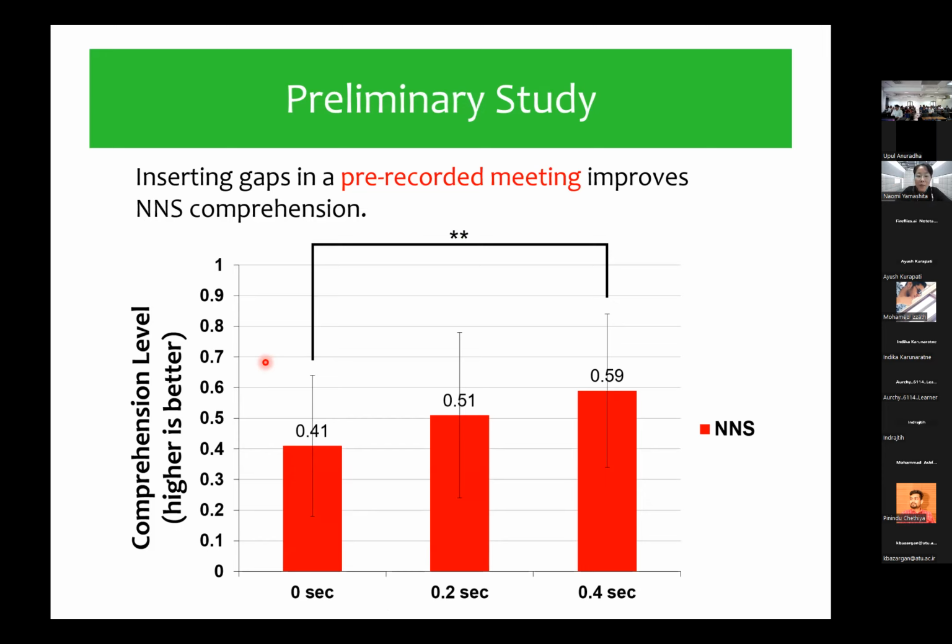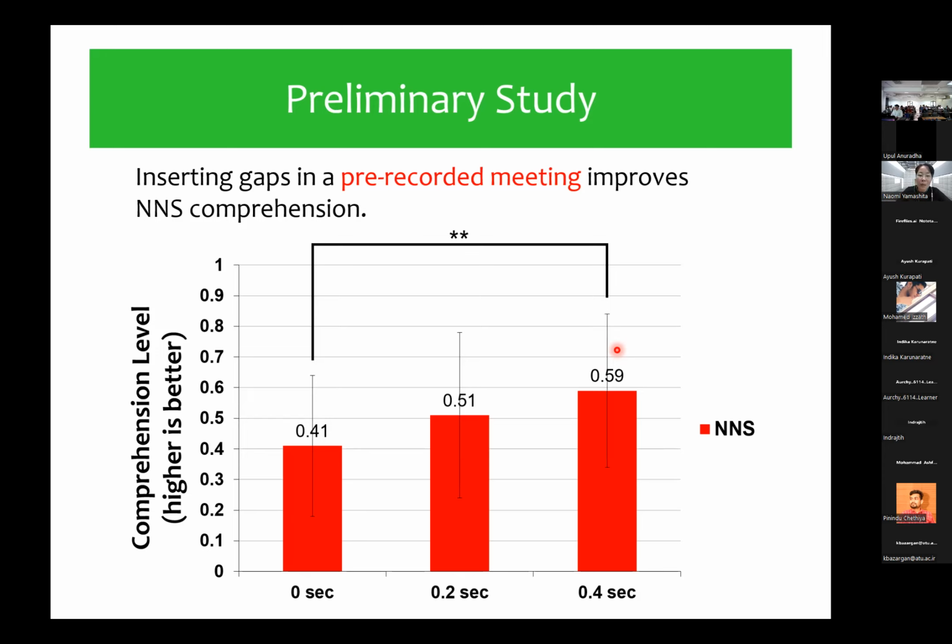As you can see, there's a clear increase in non-native speakers' comprehension of native speakers' speech. So this was pretty successful, and I would say this is the main finding of this study. This went pretty well in pre-recorded meetings.